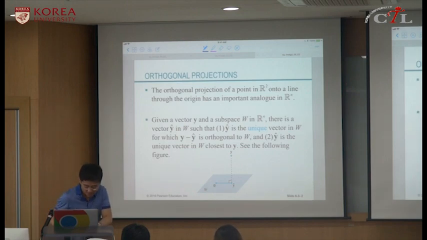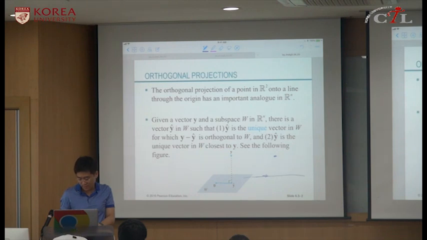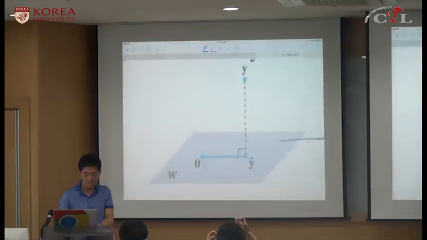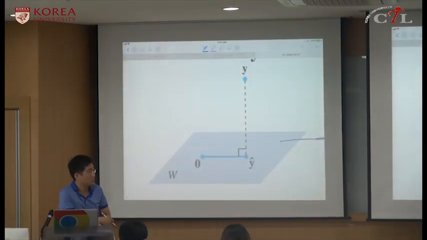Okay, so the previous case of orthogonal projection was projecting a point onto the subspace spanned by a single vector u, and that projection was y hat, right? But now our subspace is a two-dimensional subspace.